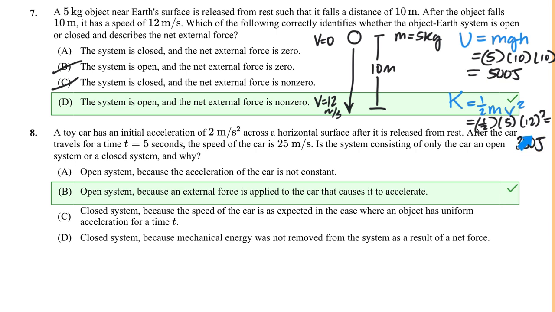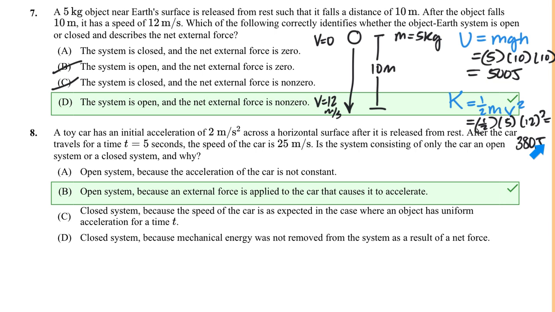Also, if this is not 380, you can correct me if I'm wrong, but I already know that they're not going to equal each other because some of that mechanical energy got turned into thermal energy due to air resistance.